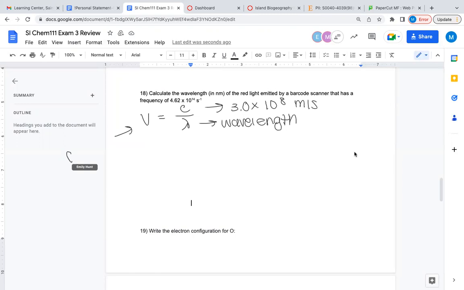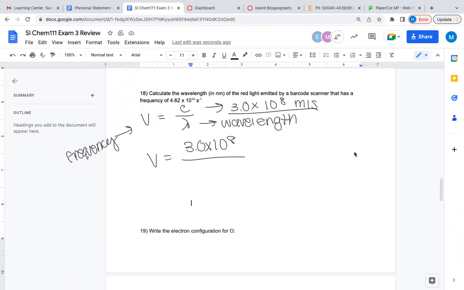This is frequency. So we don't have the frequency, but we have this number. So we're gonna put 3.0 times 10 to the 8 on top.